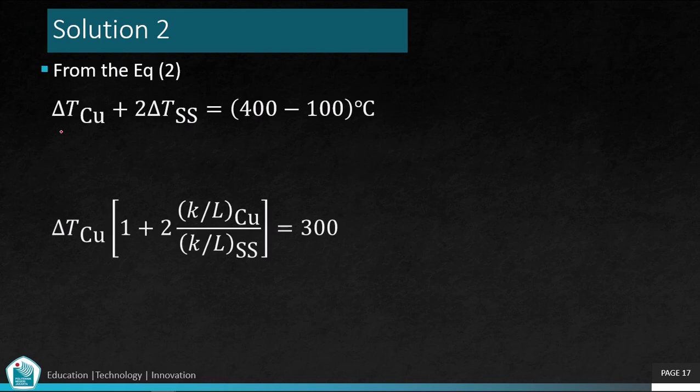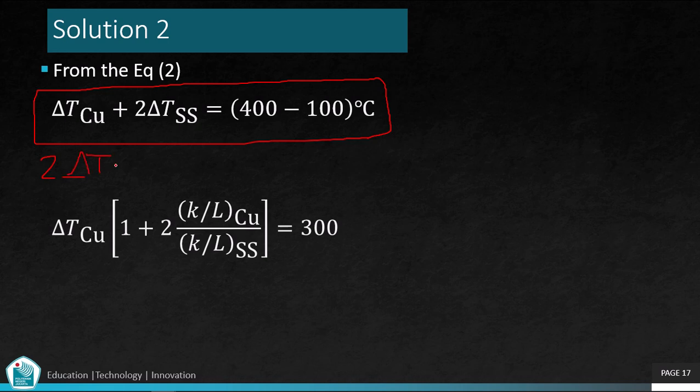We will have this equation, and we put the value of the 2 delta T_SS equal to 2 multiplied by K over L of copper, divided by K over L of the stainless steel, multiplied by delta T of copper.